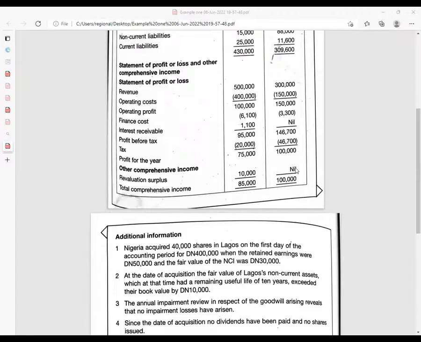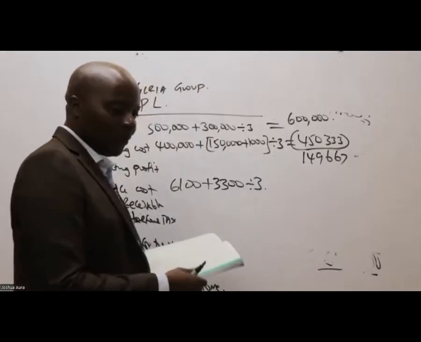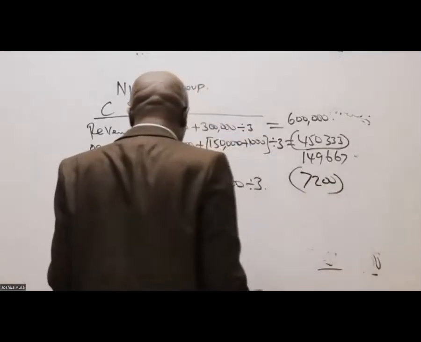But you see, this 3,300 has to be translated, so divided by the average rate, which is 3. Could you kindly give me this finance cost figure? What do we have there? 7,200, I'm supposed to deduct that.